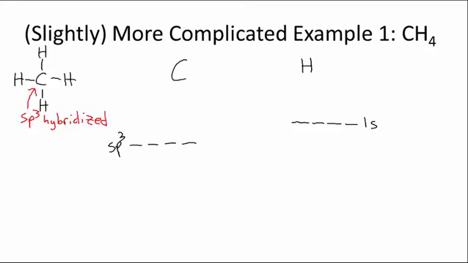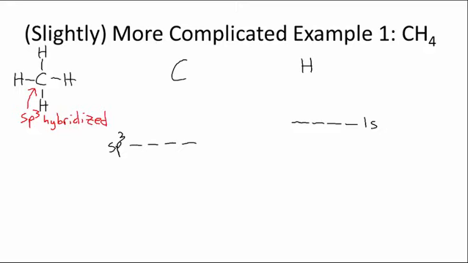More electronegative atoms will have lower energy orbitals. Less electronegative atoms will have higher energy orbitals. But for our purposes at this point, it doesn't matter all that much exactly what height we draw those two at.